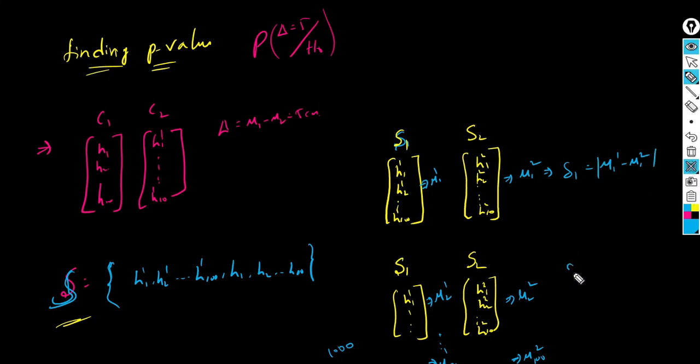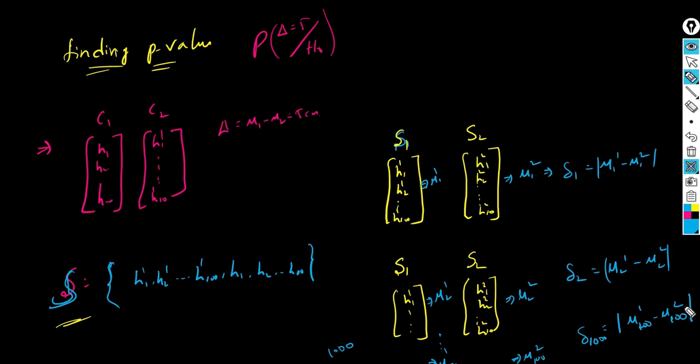Similarly delta 2 is mu 2 1 minus mu 2 2. That's the mean heights difference. Similarly for 1000 subsets we will get delta 1000 as mu 1000 1 minus mu 1000 2.